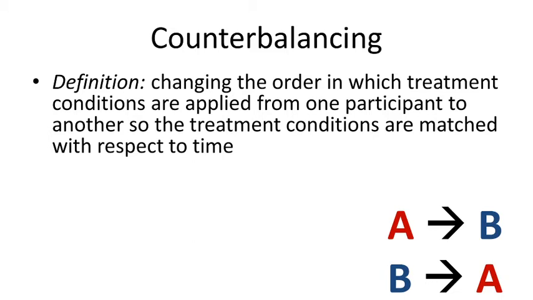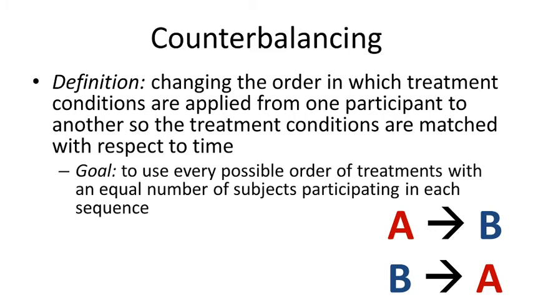That's the whole idea. Even though it's within subjects and everybody experiences every condition, half the participants get condition A first and half the participants get condition B first. The whole point of counterbalancing is to have every possible order of treatments in an equal number so the participants can be easily compared and that order of treatments can be factored out.